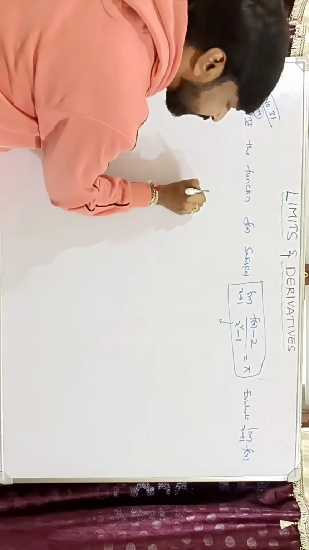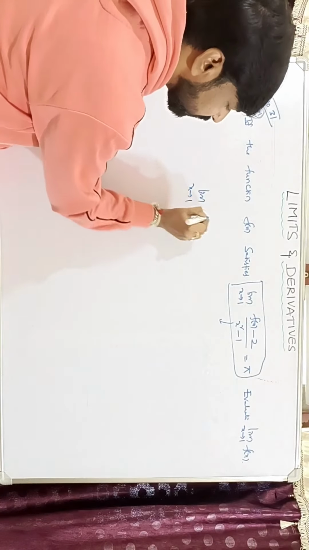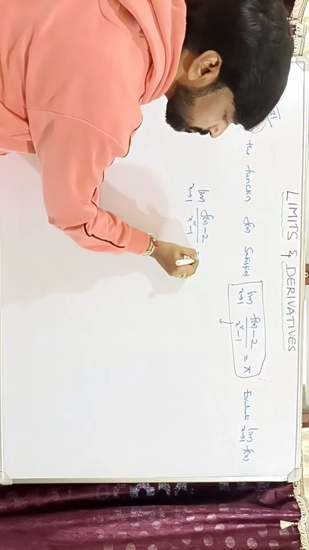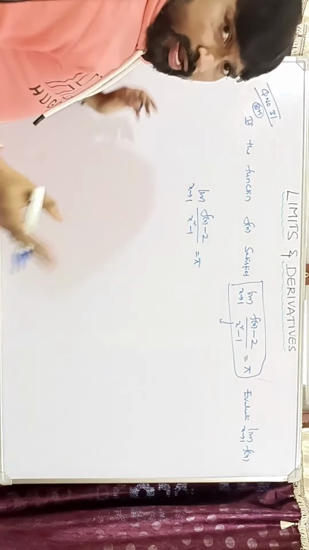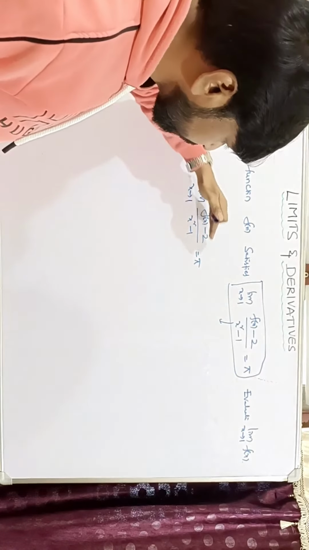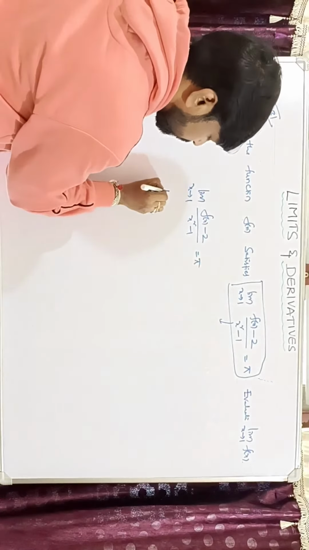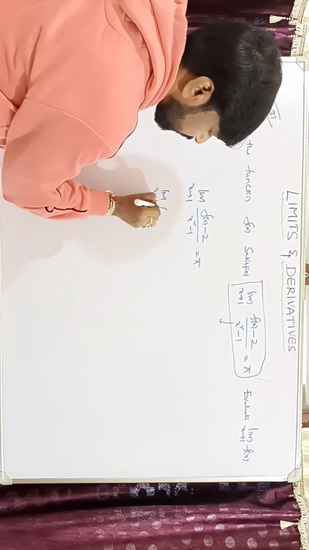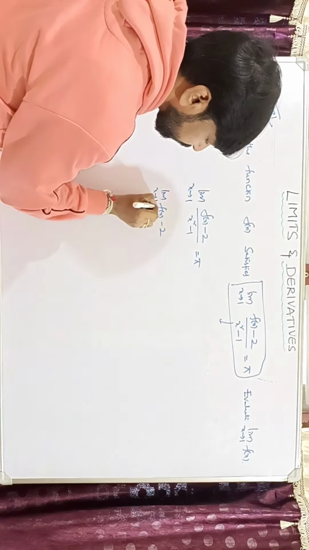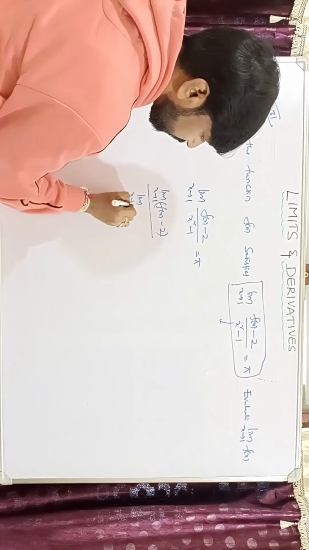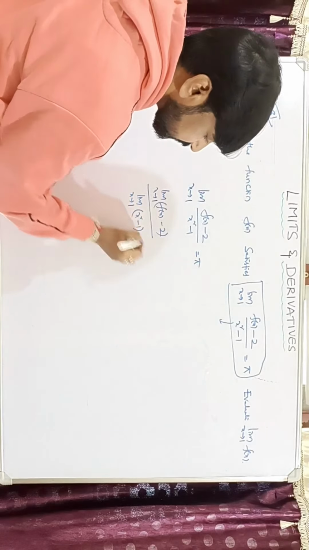Let us consider the given data. Limit x tends to 1, (f of x minus 2) by (x square minus 1) is equal to pi. I told you just now, limit x tends to a of f of x by g of x, you can split into limits. Limit x tends to 1 of (f of x minus 2) by limit x tends to 1 of (x square minus 1) is equal to pi.